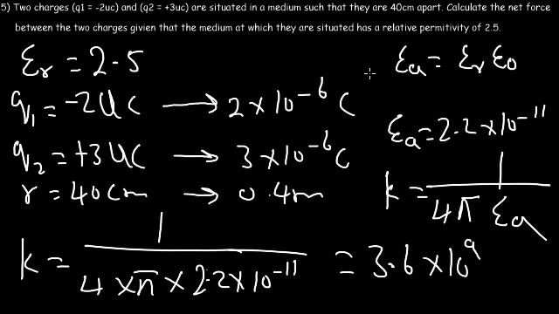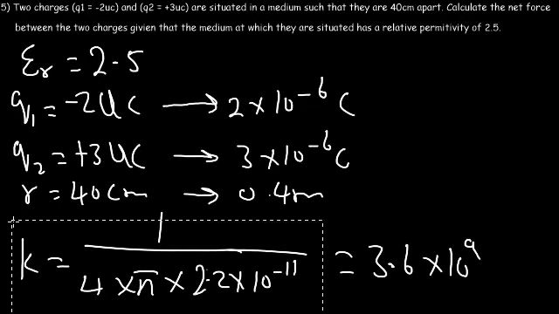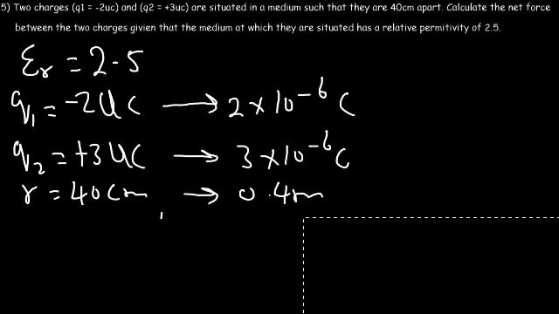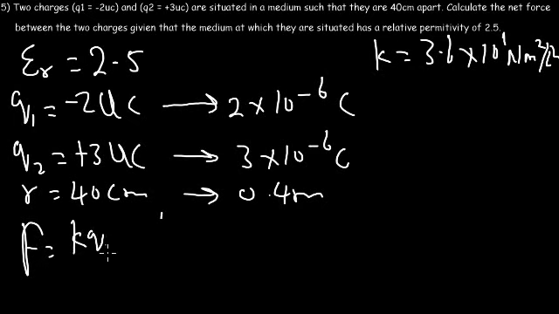So right now we can use Coulomb's law. We have everything we need. Perfect. So I'm just going to write k here. k is equal to 3.6 times 10 to the power of 9 newton meter squared per coulomb squared. So F is k q1 q2 divided by r squared.